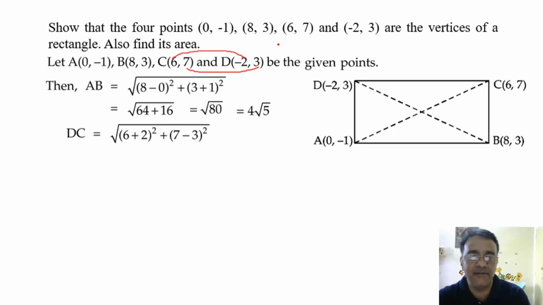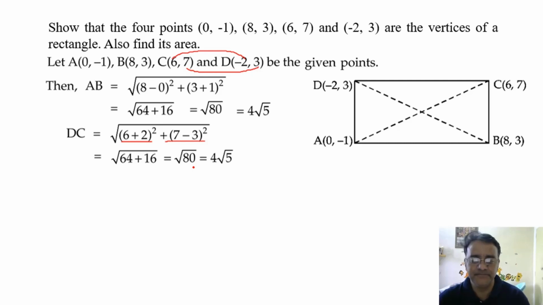You can write in reverse also. So this is also 64 and this is also 16. So we are getting 64 plus 16 whole root. Same answer. Root 80, 4 root 5. Any doubt in these two? No, sir. Okay, fine. So now we have to find AD and BC.